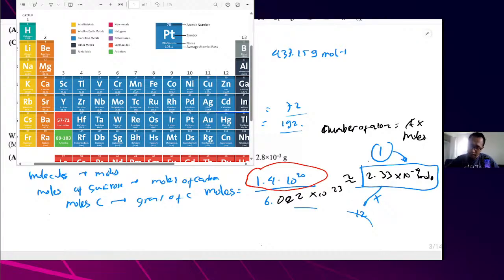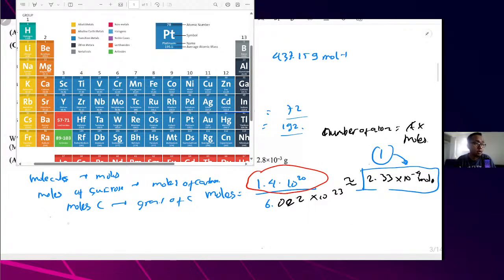Oh, okay. So getting the answer is easy, right? The atomic mass number is 12.